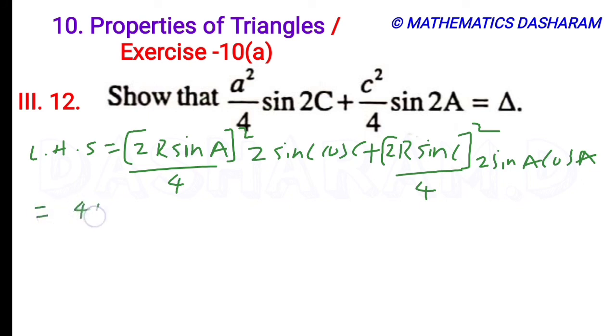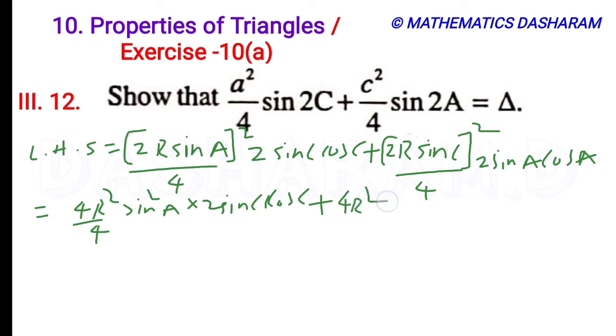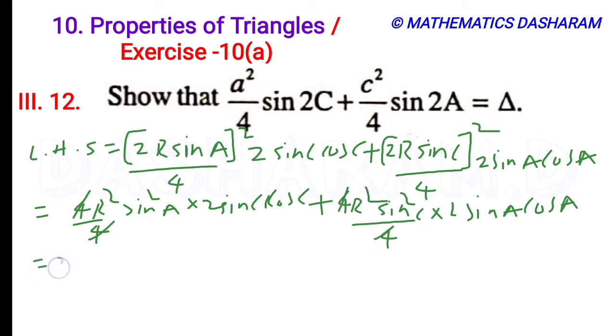It equals 4R²/4 × sin²A × 2 sin C cos C plus 4R² sin²C/4 × 2 sin A cos A. 4 cancel, then we can take 2R² sin A sin C common from both.